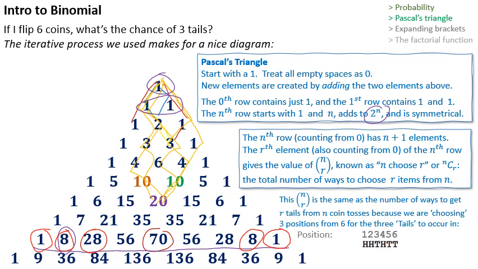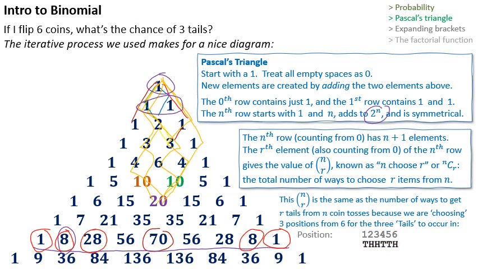A good way to think about how this links to the coin tosses thing is that if you have 6 coins that are going to be flipped and you're trying to figure out how many different ways you could get 3 tails, you could think of this in terms of, well, you have to have 3 tails and you have to have 3 heads. So the only question is, what positions do the tails end up in? Will they be in positions 2, 3, and 5?